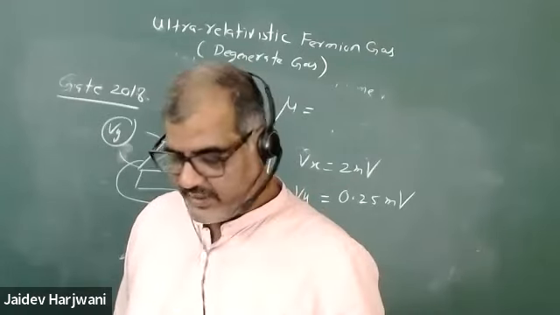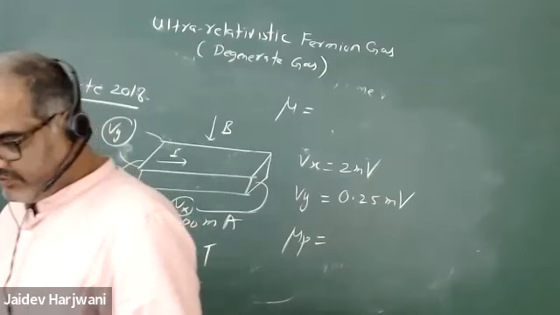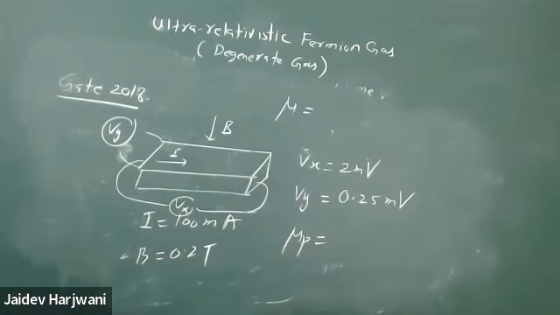Quickly tell me the formula for mobility in terms of the Hall coefficient. If we measure the Hall effect, what is the formula? Doesn't anyone know the formula for mobility? Quickly Google it. I only know mobility is e tau by m. One minute, let me also verify.